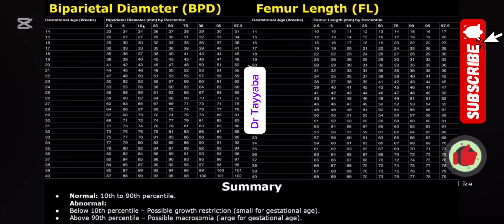Less than 10th are considered abnormally small, and percentiles greater than 90th are abnormally large. But these abnormal values do not always indicate growth restriction or macrosomia. Proper monitoring is required to fully diagnose these conditions.